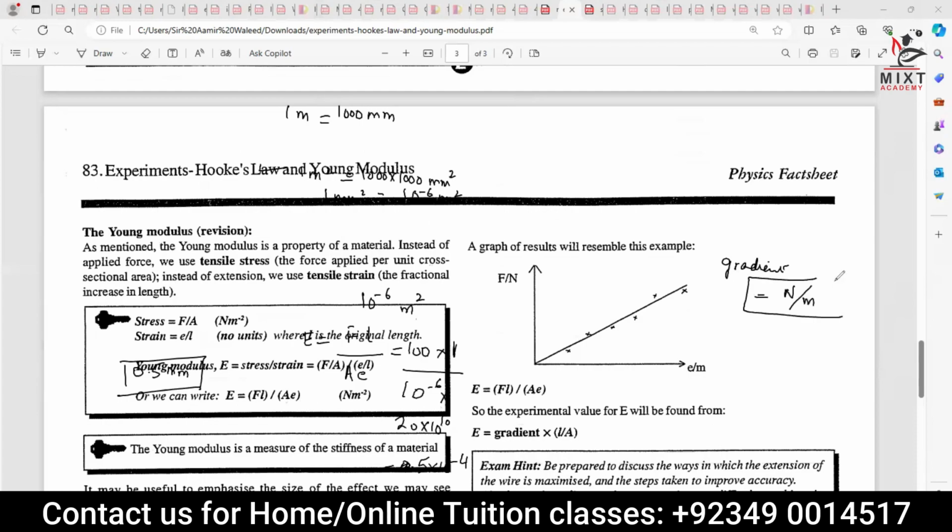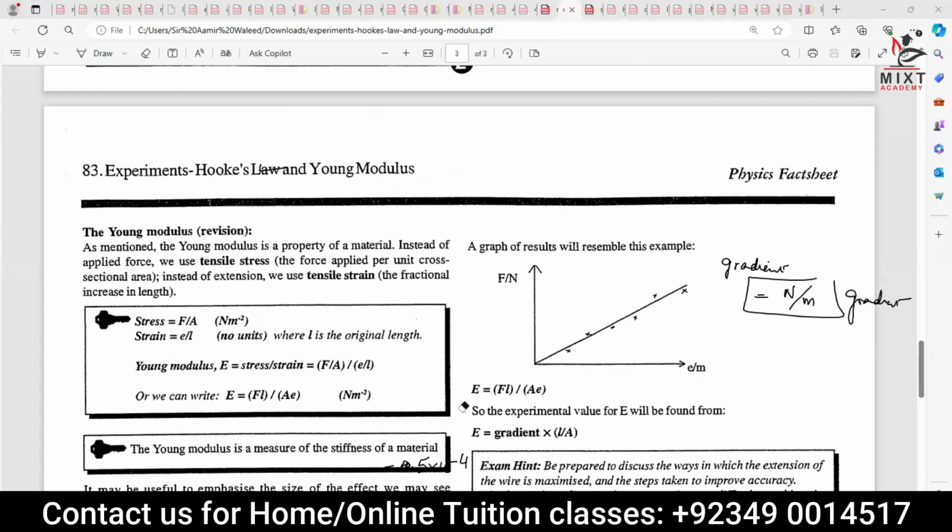So I want you to quickly draw this graph, and let's write something about this. Remember that this line is a line of best fit. It's not the actual line. The points are there, up and down, so they have drawn a line of best fit to get the exact results.